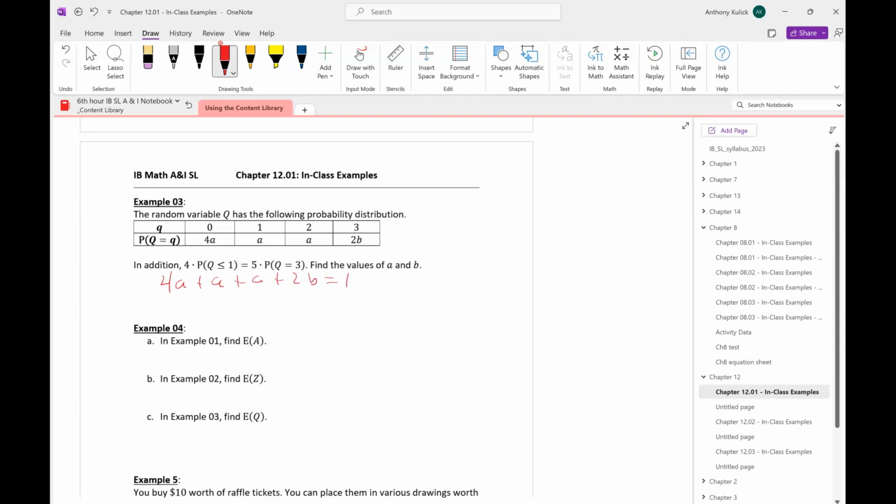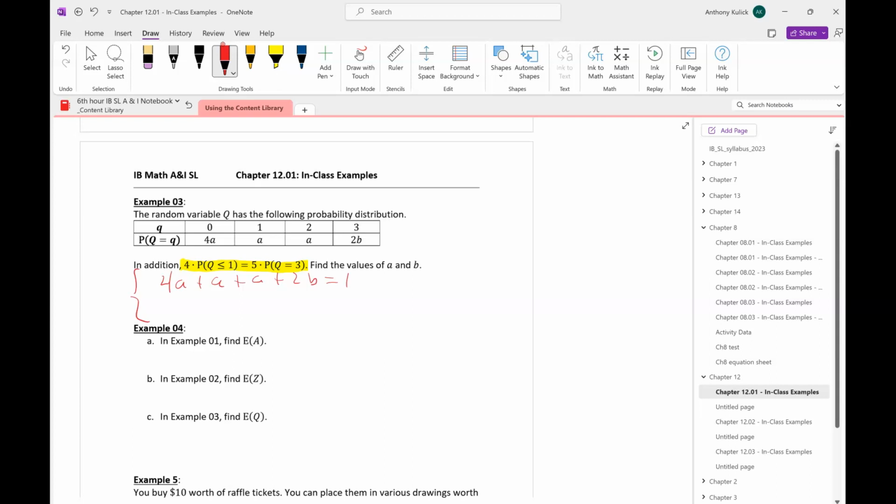But can I solve an equation that has two variables in it with just one equation? No. So that's why they also tell us that, in addition, this is true. So I'm going to use that to create a second equation. It'll form a system of two equations that I then use to solve for A and B.